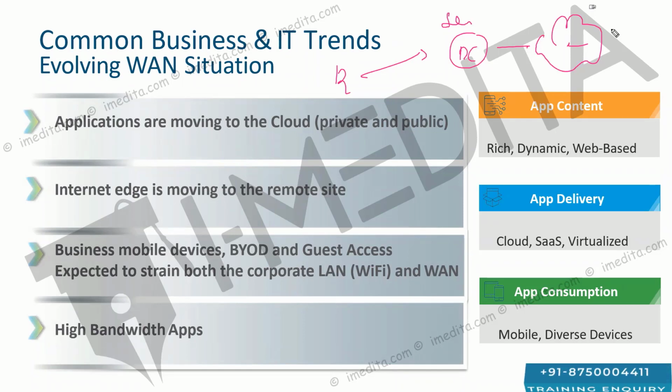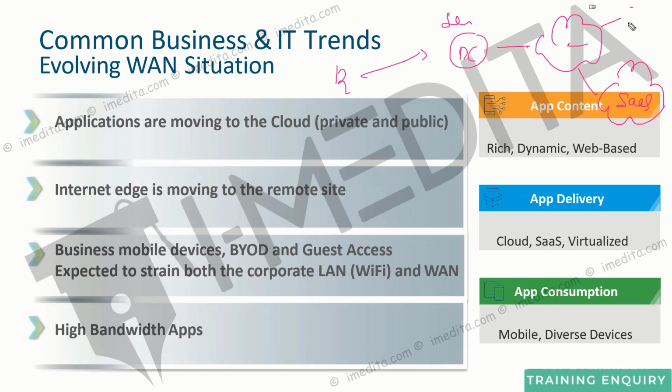But nowadays, the problem in this type of topology, in this type of scenario, is how your network is going to deal with the applications and the infrastructure that we have hosted on the cloud.